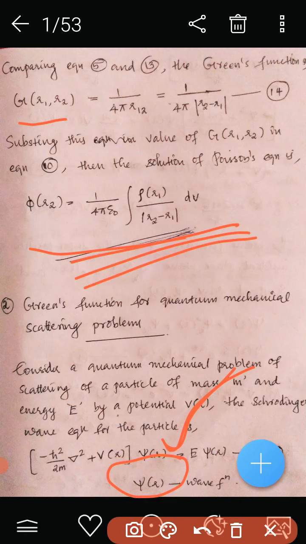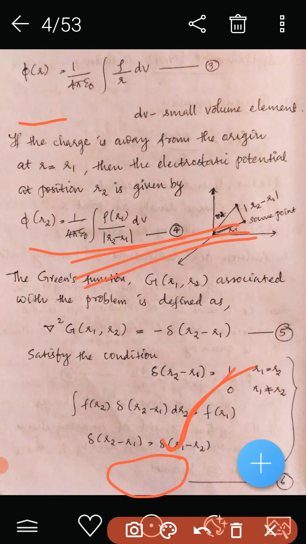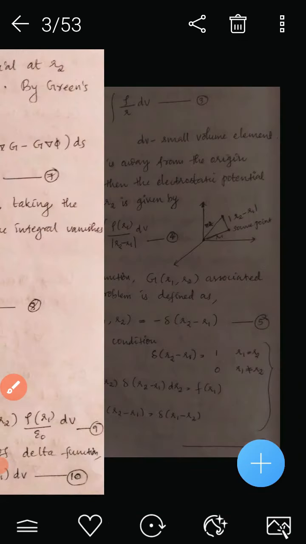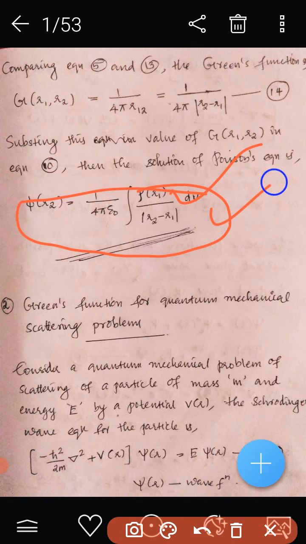So this is our solution of the Poisson equation. We already saw this solution. This is our general solution, and we found the same solution by using the Green's function. So we got the same solution, equation 4 and equation 13, these equations are the same.